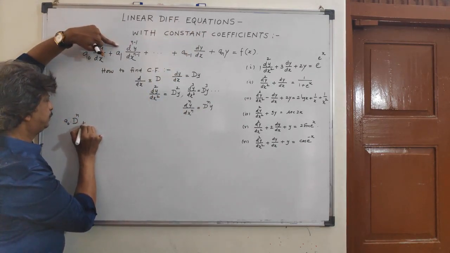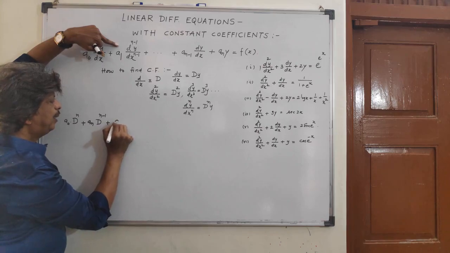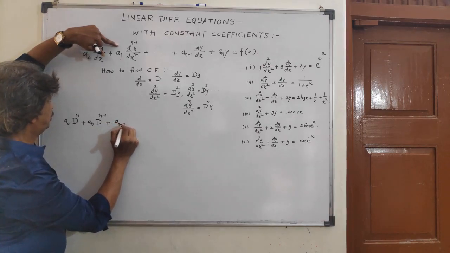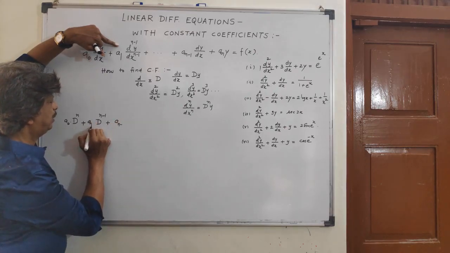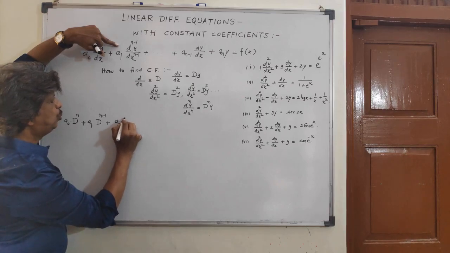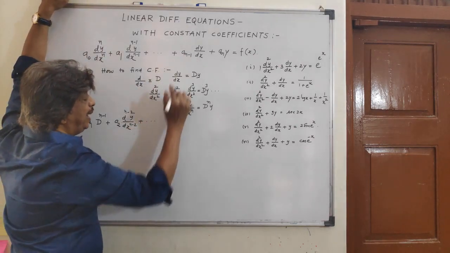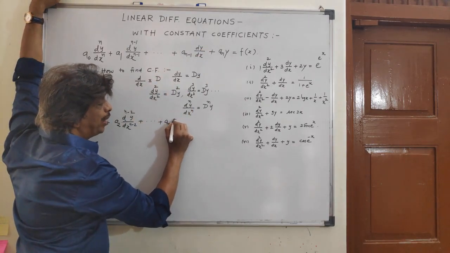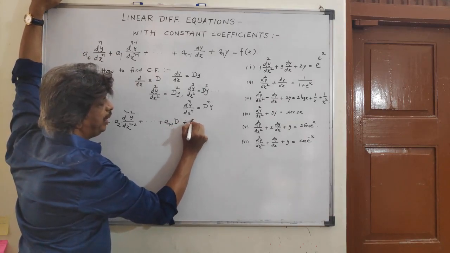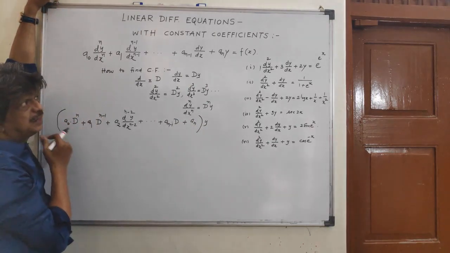Plus a1 D^(n-1) y, plus a2 D^(n-2) y, and so on, plus a(n-1) dy by dx, which is D into y, plus an in brackets into y, since y is common for all such substitutions, equal to f of x.